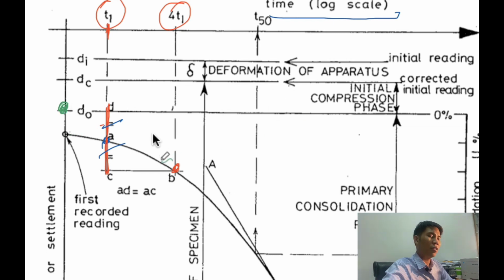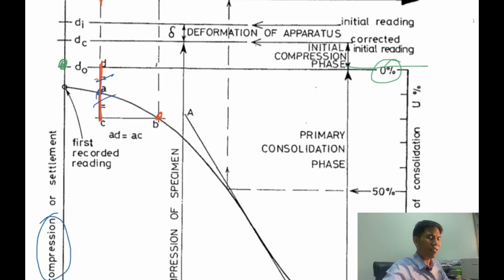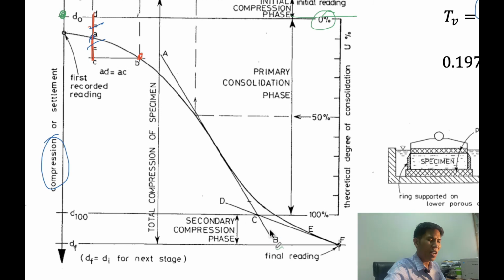D naught represents the starting point of consolidation, or consolidation equal to 0%. After that, you have to determine the point of 100% consolidation. You draw the tangent line from F to D, and the other line you draw is BA.